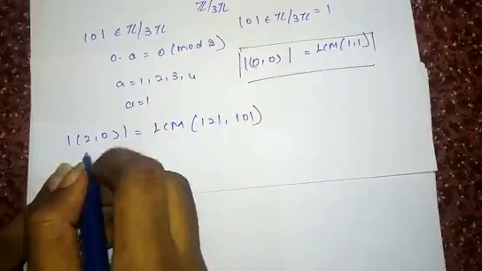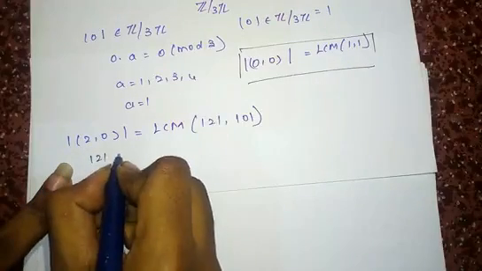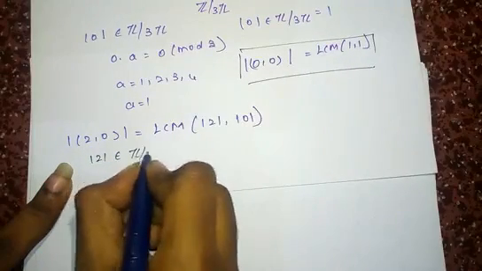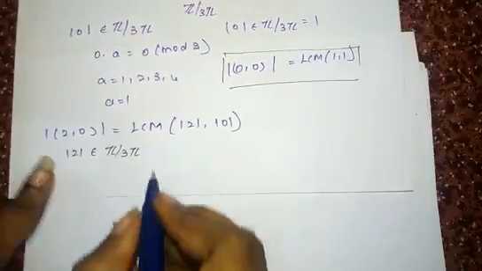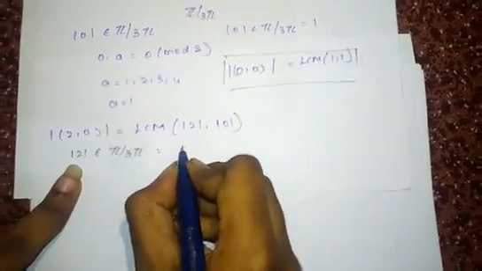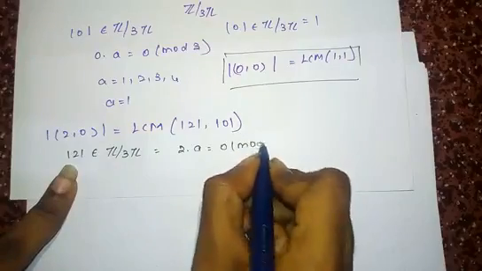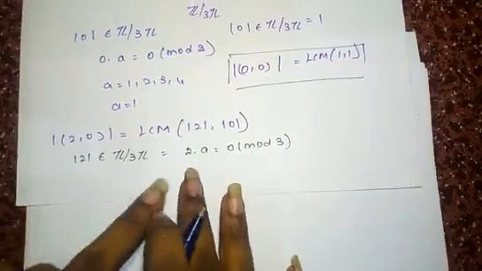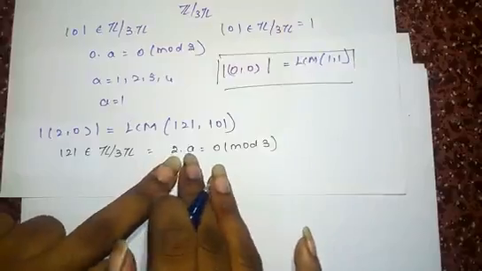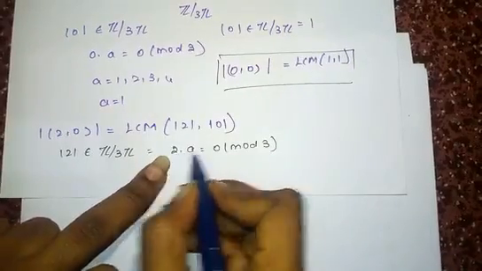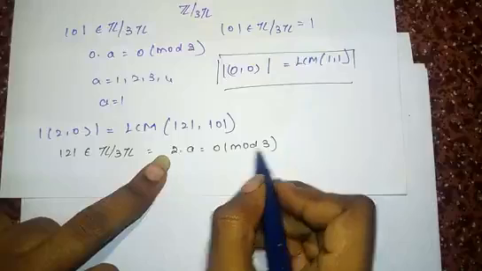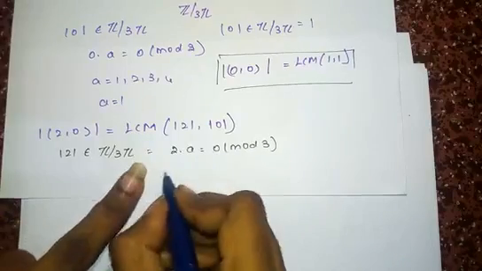I am going to find the order of 2 in Z modulo 3Z, that is, 2 into A is equal to 0 mod 3. So 2 into 1 is 2. If I divide 2 by 3, I am not going to get the remainder 0.